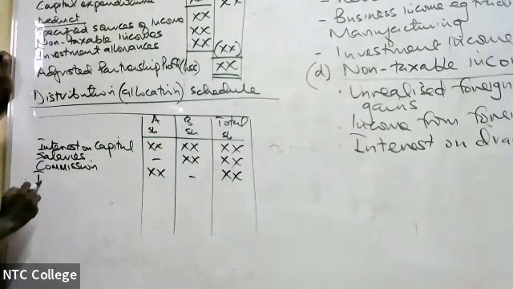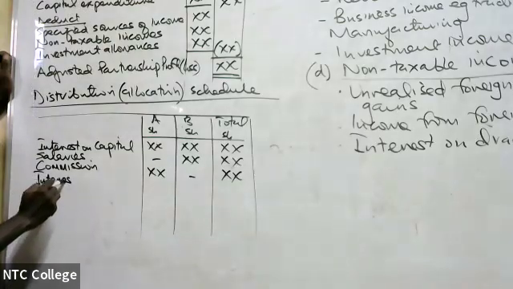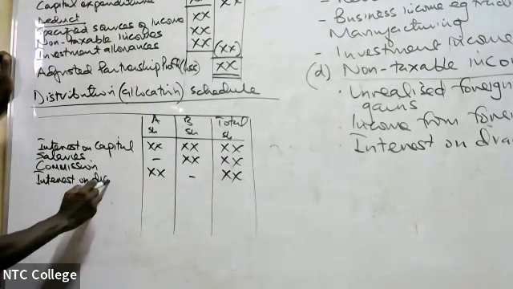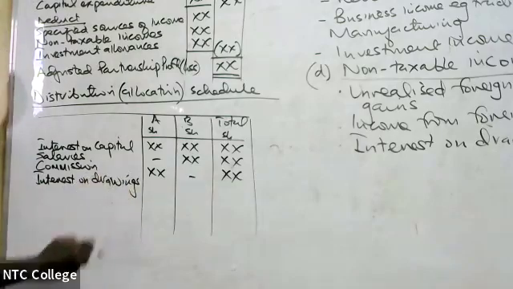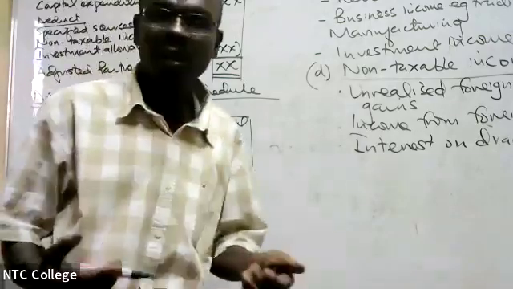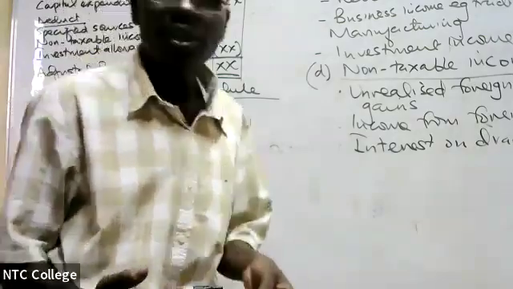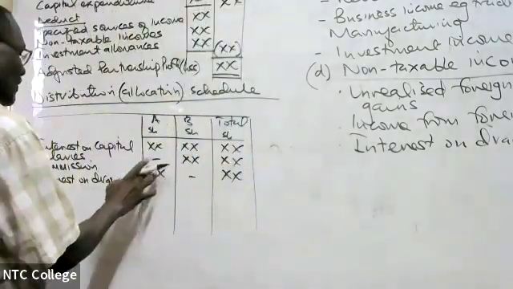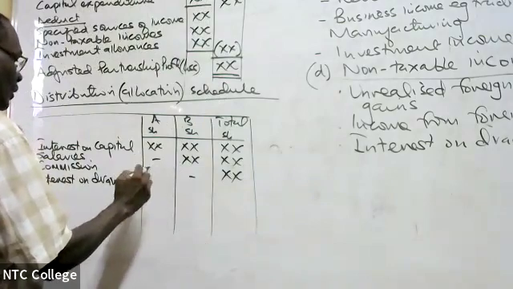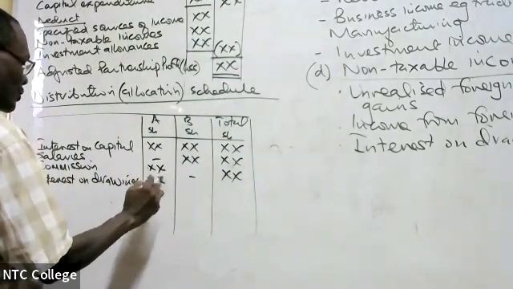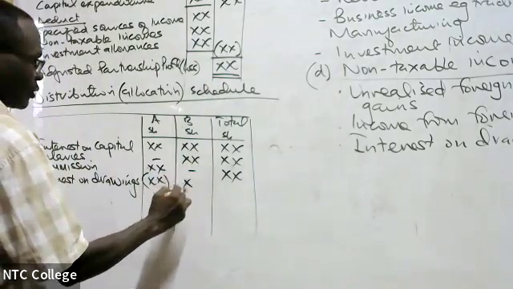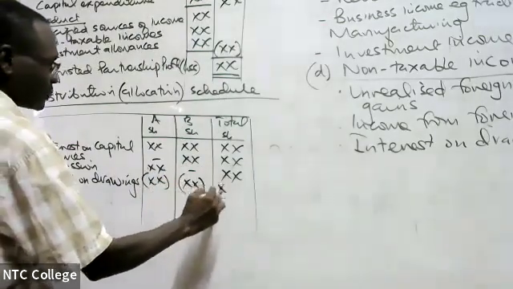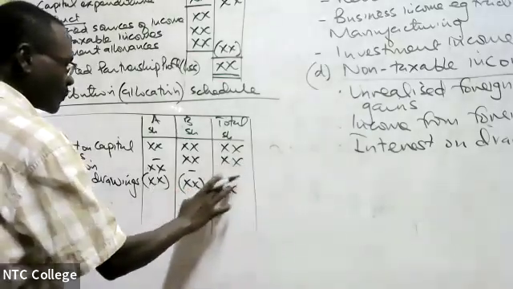Or maybe you have interest on drawings. So interest on drawings will be a cost on them. So it will be used to reduce whatever share they have received. So from their share, reduced by interest on drawings. We remove interest on drawings and we remove the total.